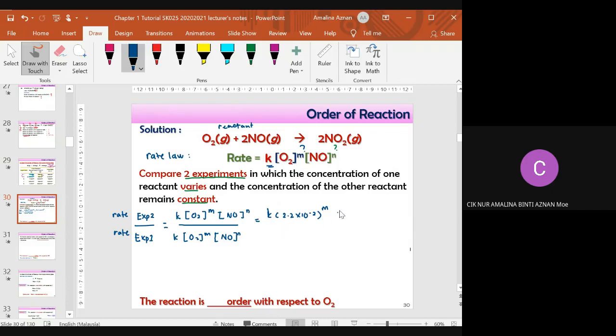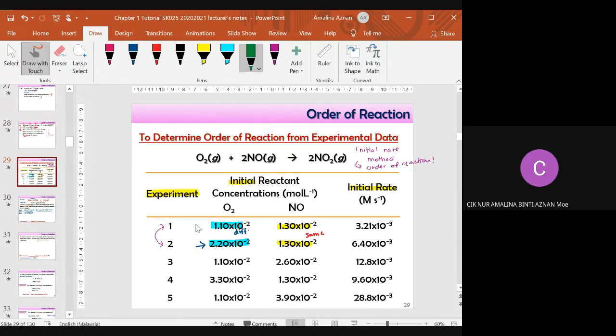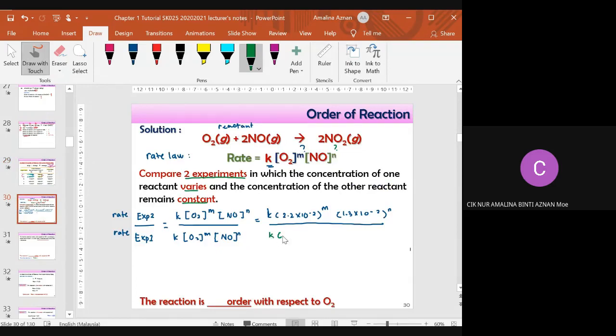So next, concentration of NO 1.3 exponent negative 2 to the power of N divided by, ini set untuk eksperimen 1 pula. So set untuk eksperimen 1 kita refer sini. Untuk O2 1.1 exponent negative 2 to the power of M.